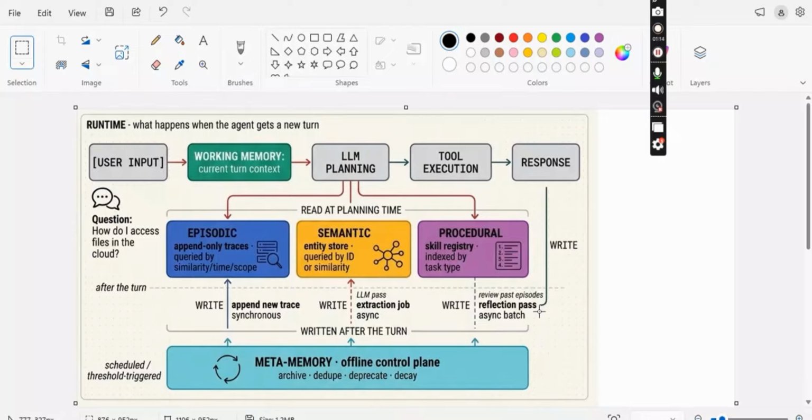all these 5 layers are not just storage buckets. They differ in 3 fundamental ways: how they are written, how they are read, and what kind of knowledge they hold.